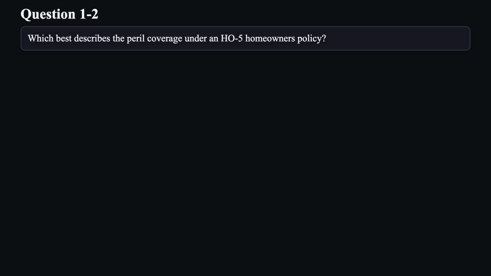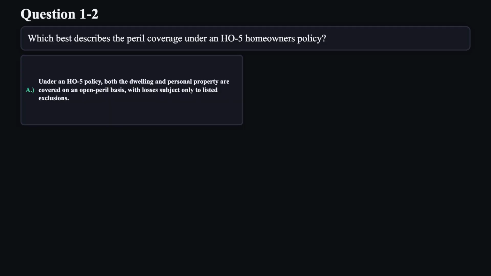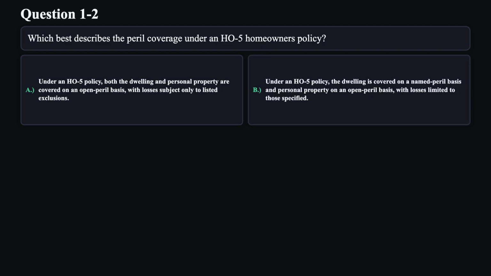Question 2. Which best describes the peril coverage under an HO5 homeowners policy? A. Under an HO5 policy, both the dwelling and personal property are covered on an open peril basis, with losses subject only to listed exclusions. B. Under an HO5 policy, the dwelling is covered on a named peril basis and personal property on an open peril basis, with losses limited to those specified.